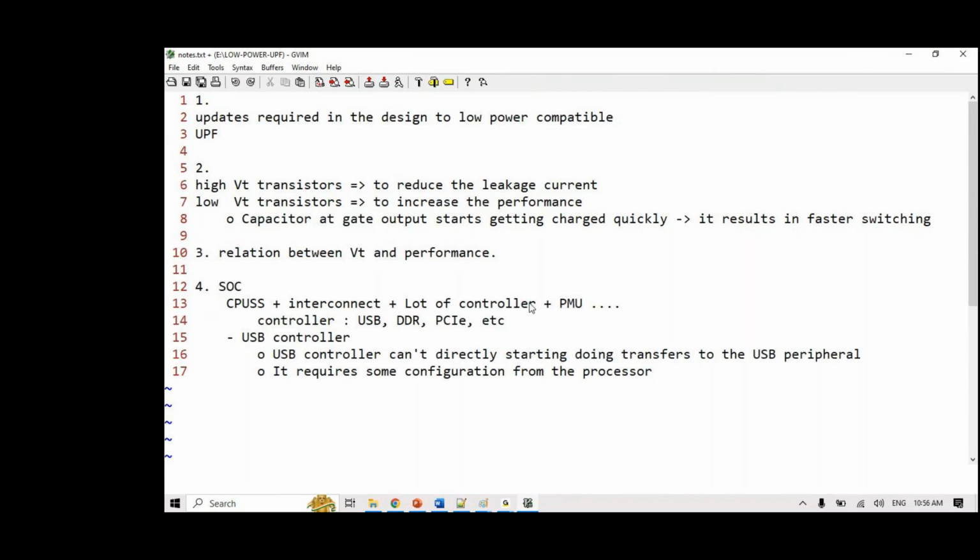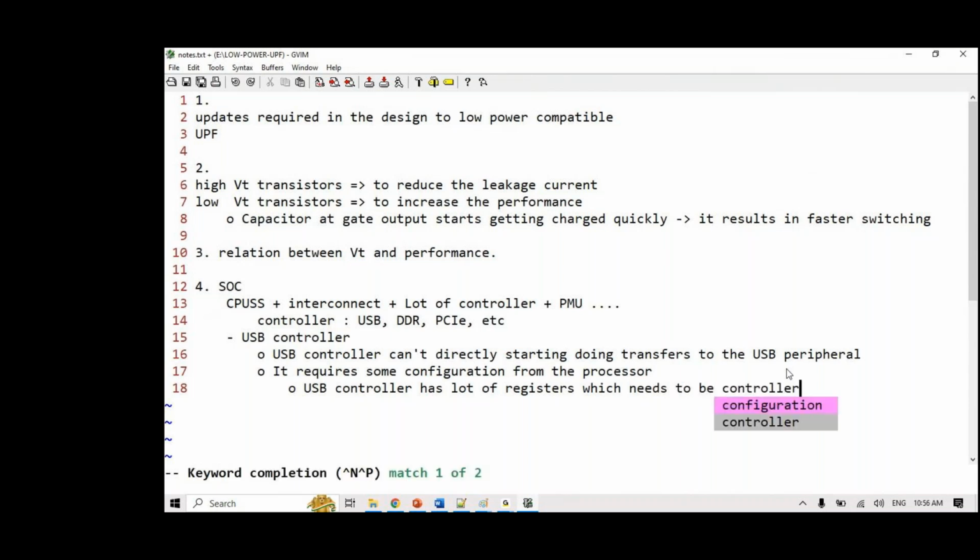Only then can it start doing transfers to the USB peripheral. So it requires the processor to run some instructions to configure the registers present in the USB controller. The USB controller has a lot of registers which need to be configured, and it is done by the processor, right? That will always involve a lot of latency.